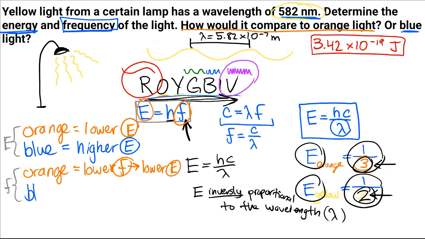Blue light, because it has a higher frequency, because it's closer to the violet end, the higher frequency leads to the higher energy.